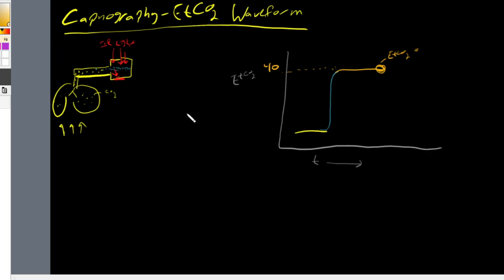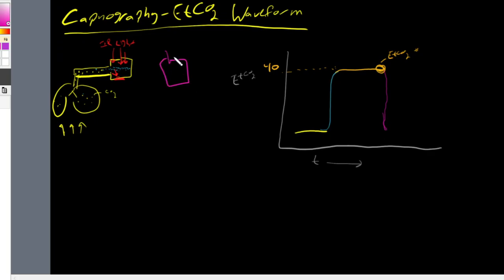Now after our end expiration, at this point, inspiration usually occurs, and there's a big and sharp drop in our carbon dioxide, which I can't really represent here, but there's no more CO2.